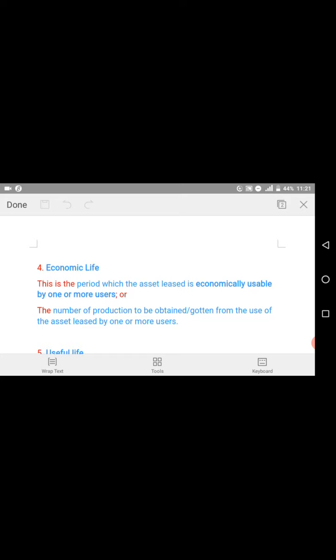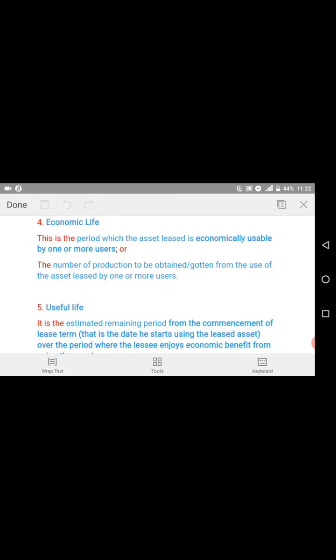Please note the words economically usable by one or more users, or the number of production to be obtained from the use of the asset leased by one or more users. The main word here is economically usable.